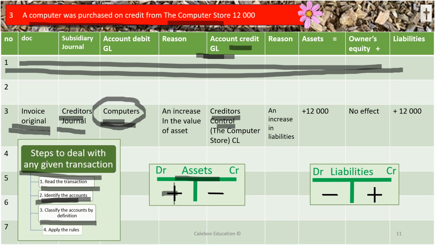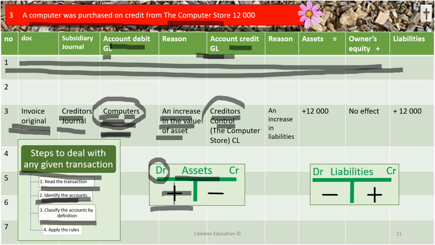An increase in the value of assets gets debited. That's why computers appears in the account debit column in the general ledger, because there was an increase, a plus, in the value of the asset. Reason: an increase in the value of the asset, computers.